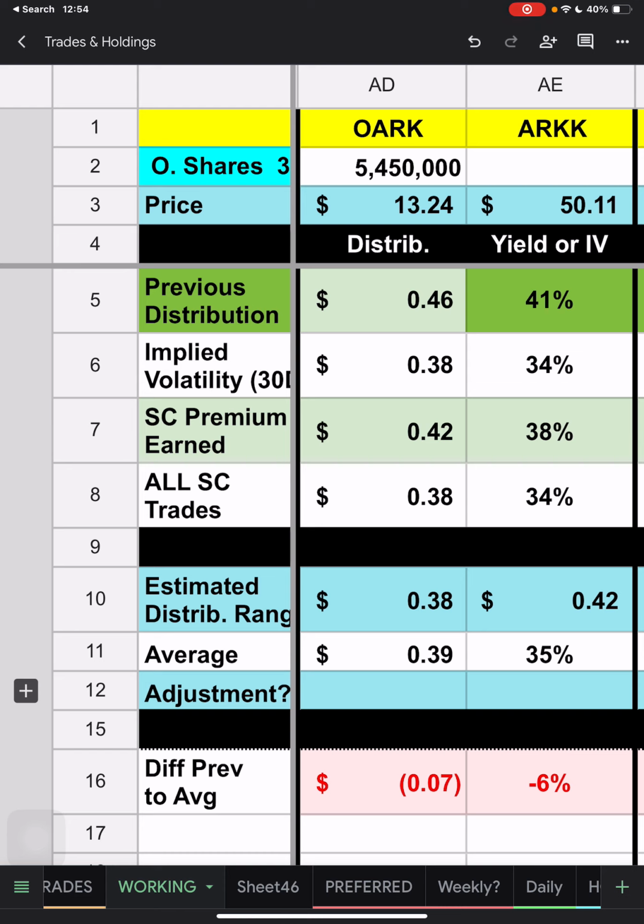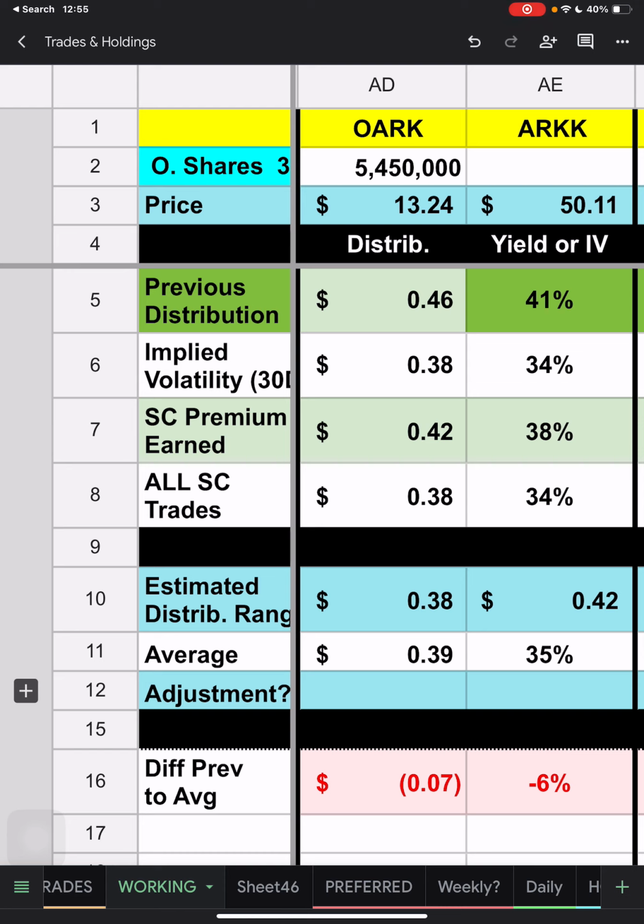But anyway, if everybody's been following OARC, its average over all of the distributions for the year is 51 cents. But if you took out the first 3 months of that, that would significantly drop, because the first 3 months were 74 cents, $1.09, and 77 cents. Since then, there was a 68-cent one in there once.